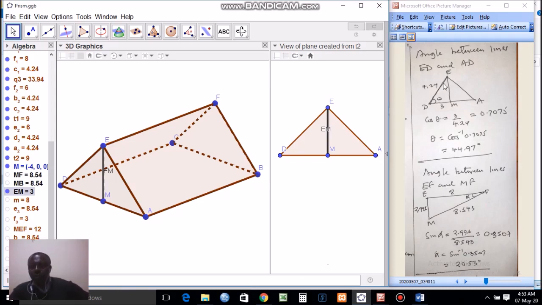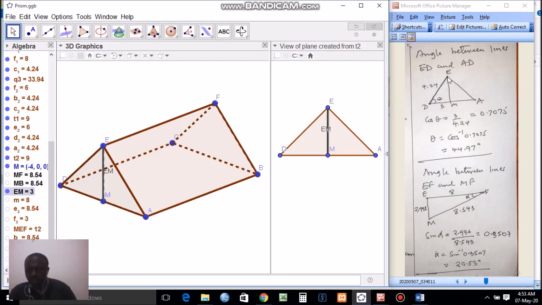Now, the angle between ED and AD, this is the triangle we are using, and the angle required is angle EDA. And so we focus on triangle EDA, which is an isosceles triangle because we are given that ED and EA are equal. Now M is the midpoint of DA, and so DM is 3 centimeters and DE is 4.24.